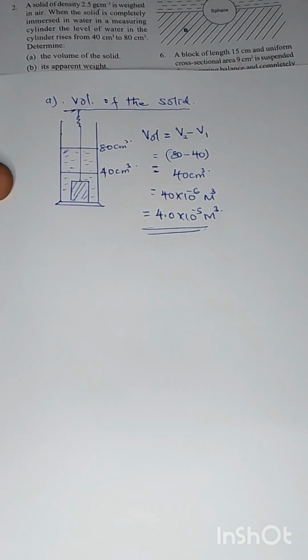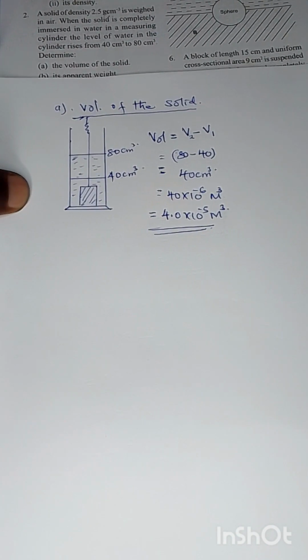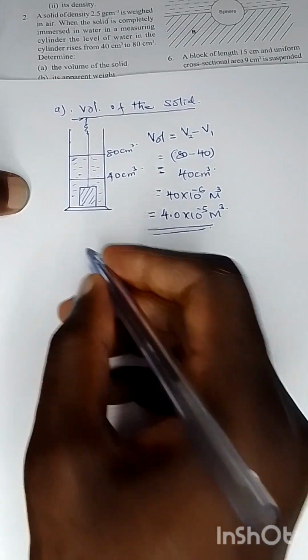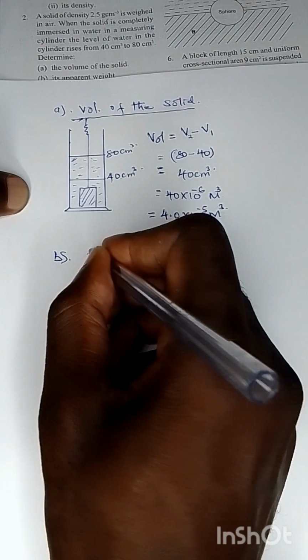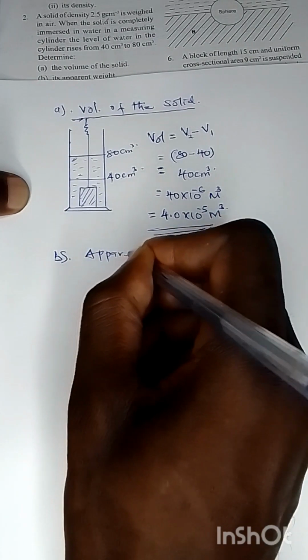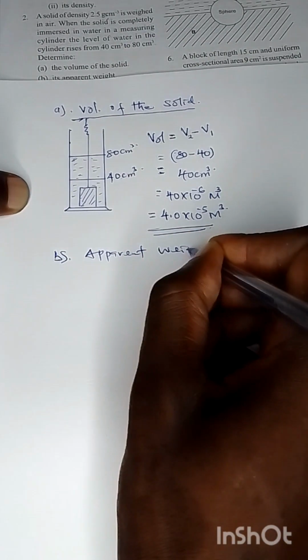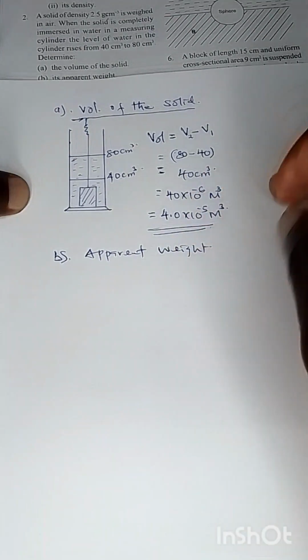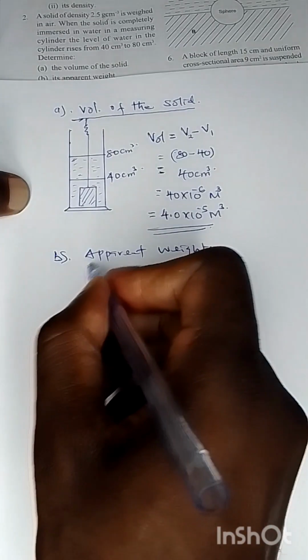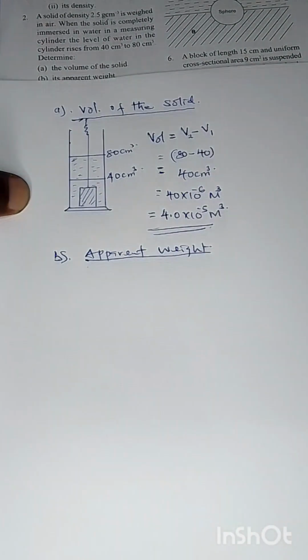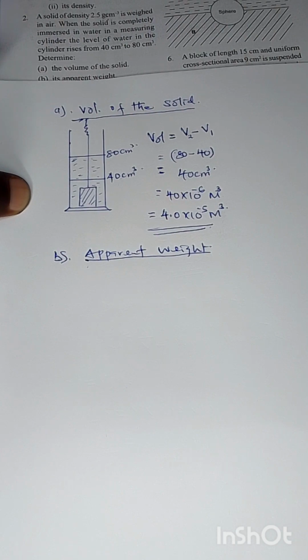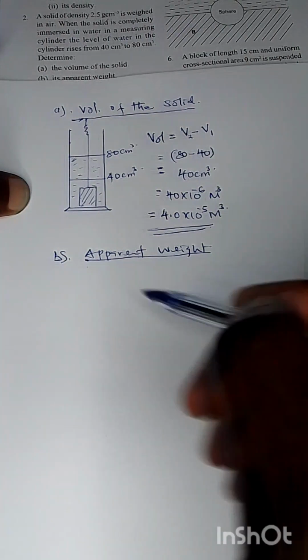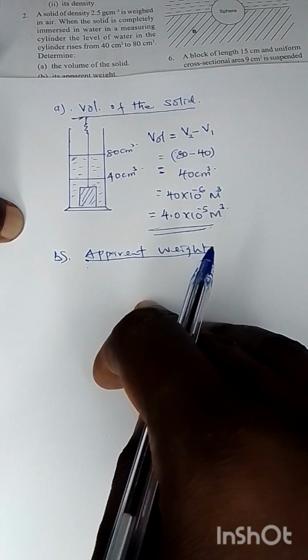So before we determine this apparent weight, we'll make a recap of what we had learned in Form 1, that when a body is immersed in a fluid, it experiences an upward force.